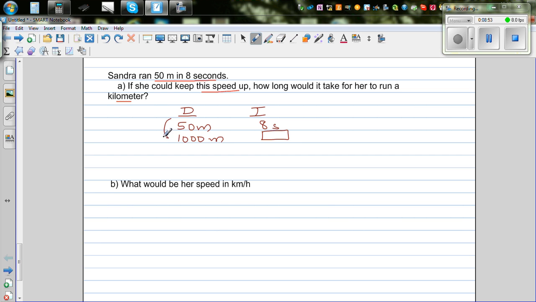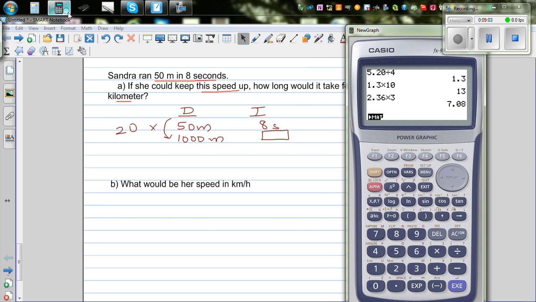50 times what is 1,000? Well, 50 times 20, isn't it? If you want to find this number 20, you can go 1,000 divided by 50, which is 20. Or you can check 50 times 20 is 1,000.